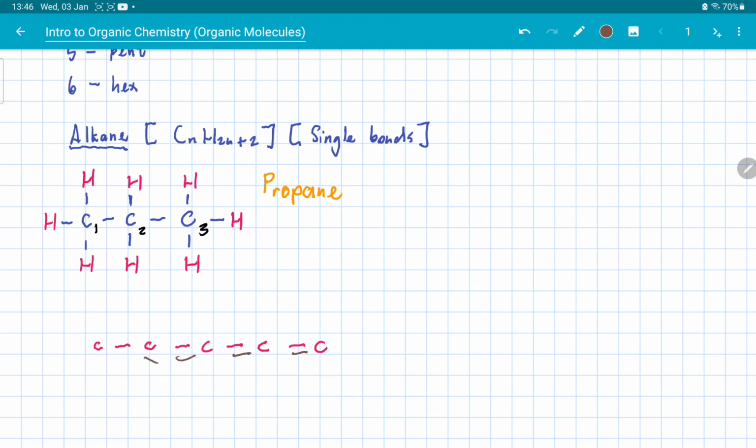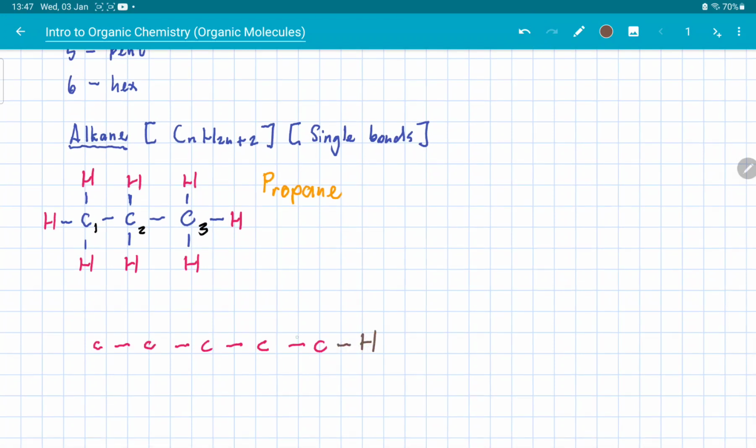Because the minute I put extra bonds between carbon atoms, I make it now have double bonds. And it does not qualify to be an alkane now. Therefore, what must I do? I must put hydrogens where? Emacaleni. 1, 2, 3.